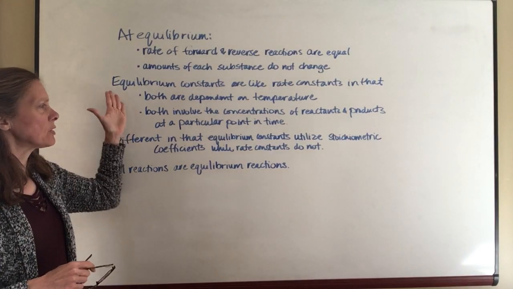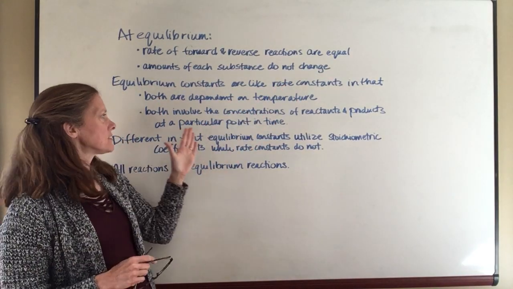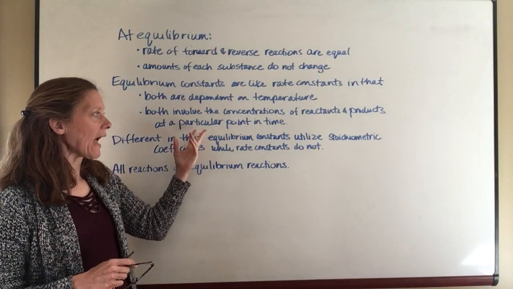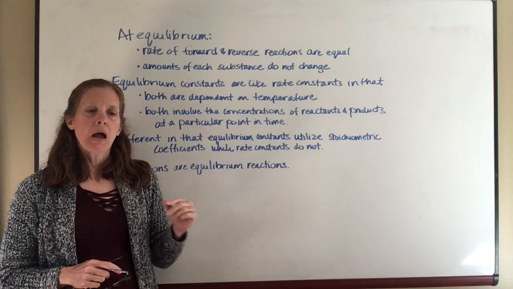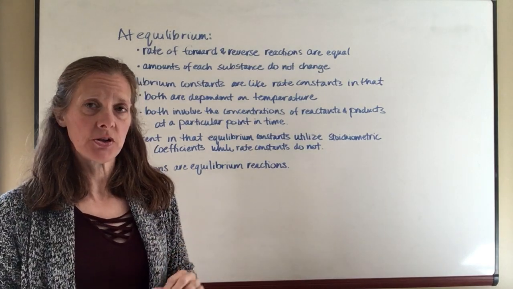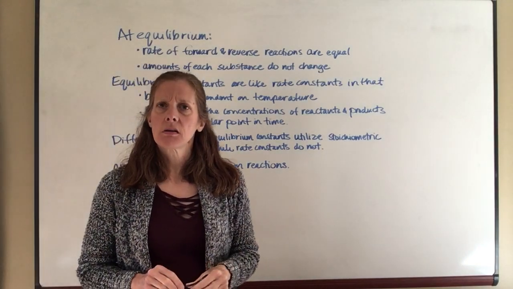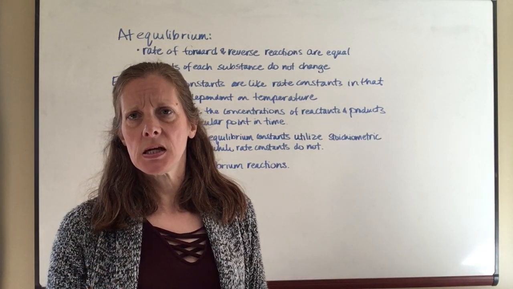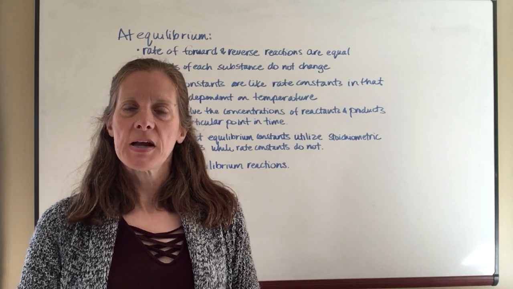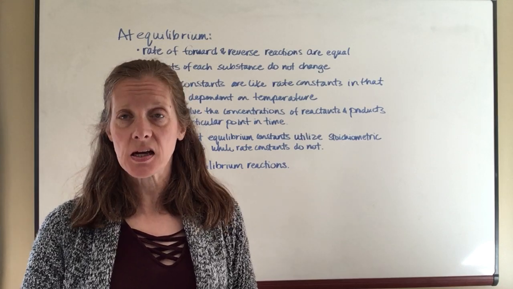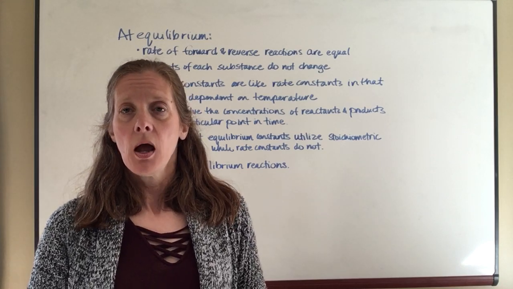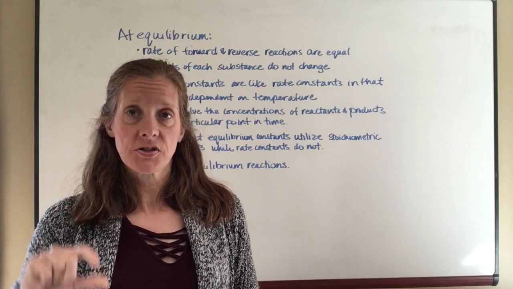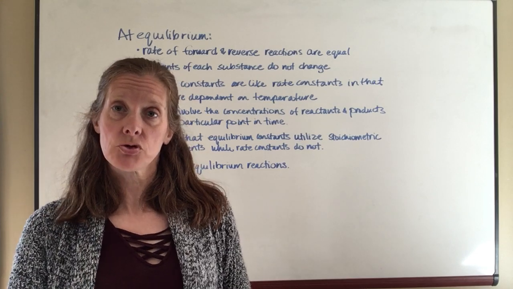Both equilibrium constants and rate constants involve concentrations of reactants and products at a particular point in time, but there is a key difference between the two of them. We did a lot of problems in chapter 15 where we were calculating rate constants, but I told you that you had to have data in order to calculate what the exponents were in that rate constant to figure out what the order of those reactions were.